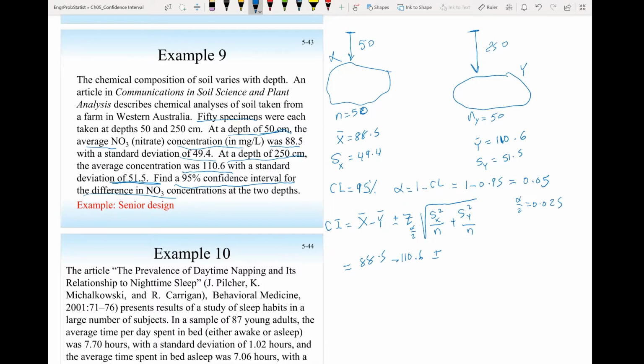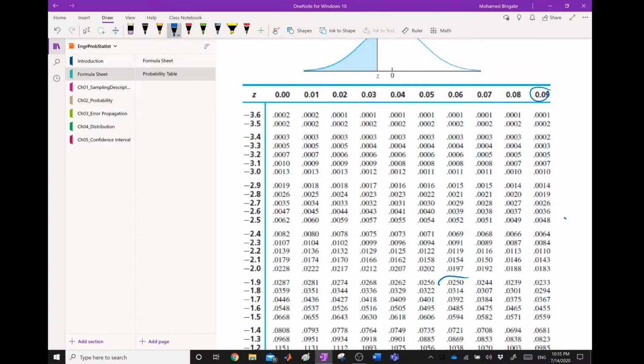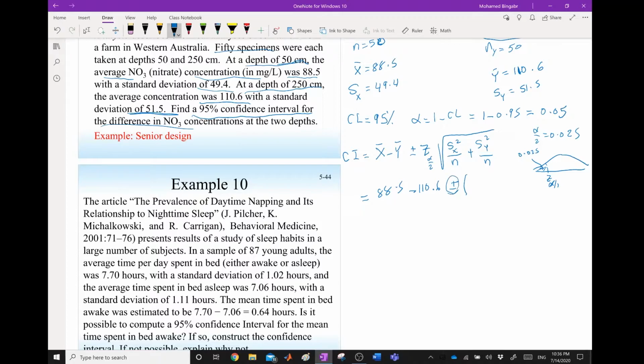And if we use the table for a standard normal distribution to find what is z here, such that this area here is 0.025, it will be 0.025 here. So that is z equals minus 1.96, because again this is plus minus, so that's 1.96 times the square root of 49.4 squared divided by 50 plus 51.5 squared divided by 50.